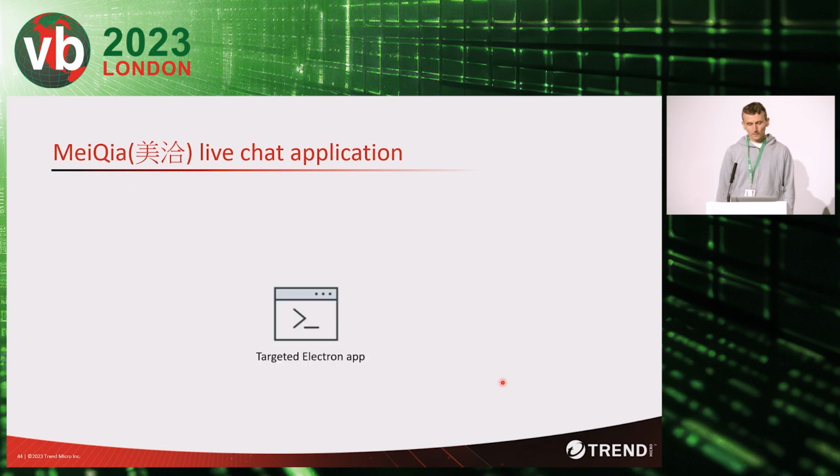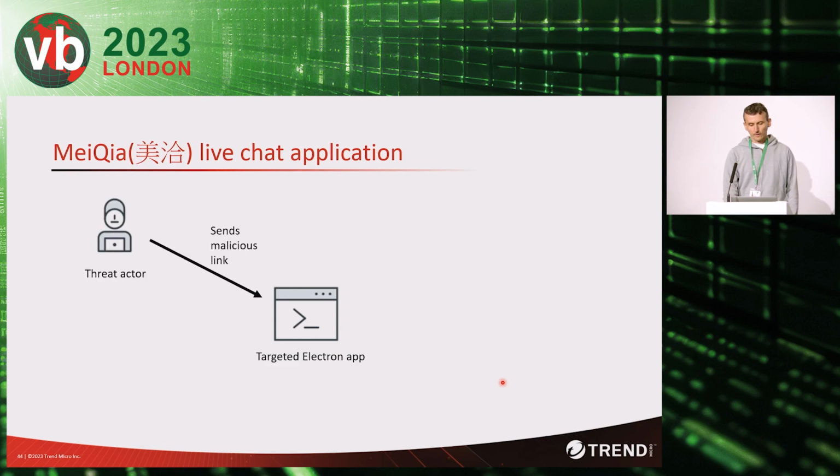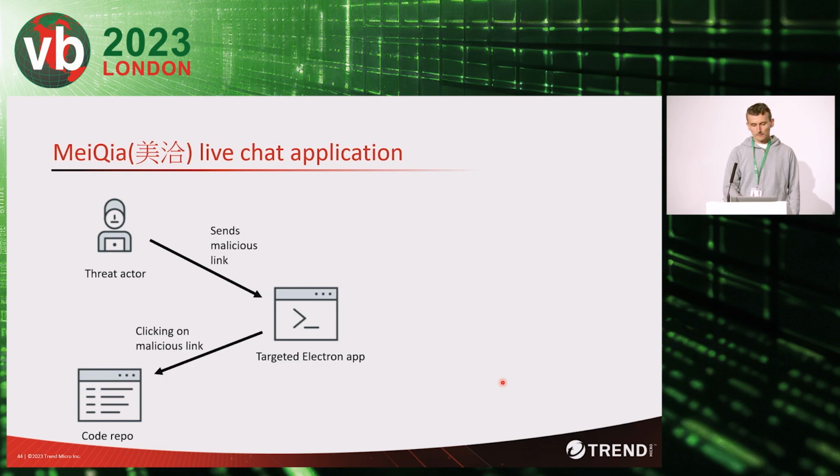If I show this kind of schematic, you have this targeted application, and the threat actor sends the malicious link via this chat window. When the operator clicks on the link, the application connects to the code repository, and from this code repository, it loads the exploit.